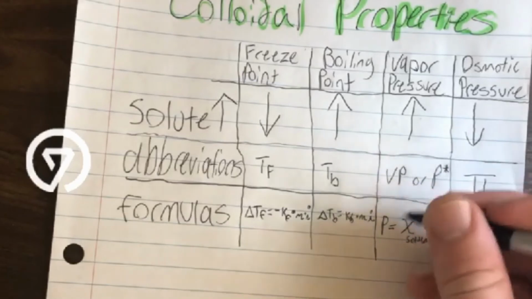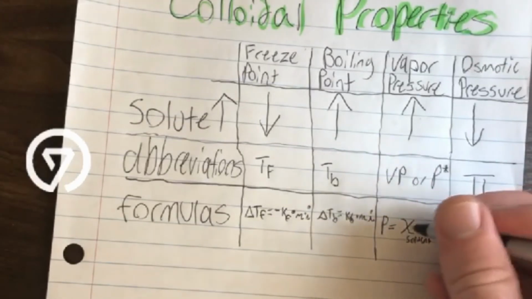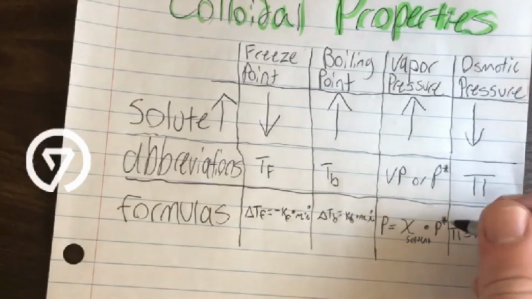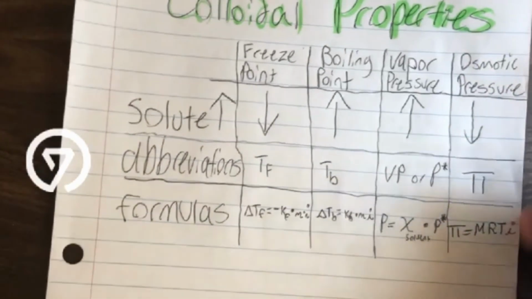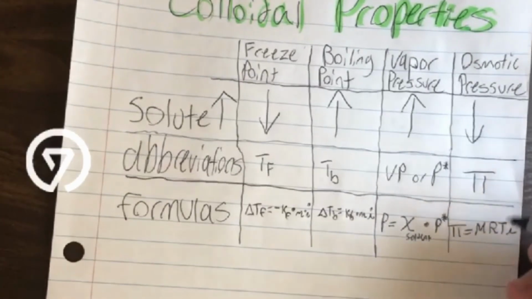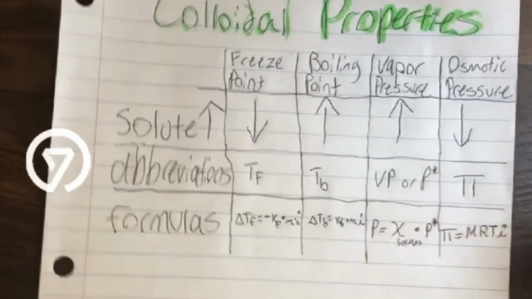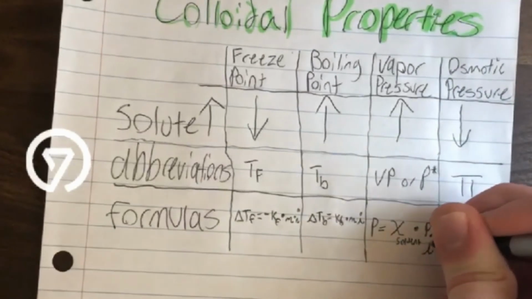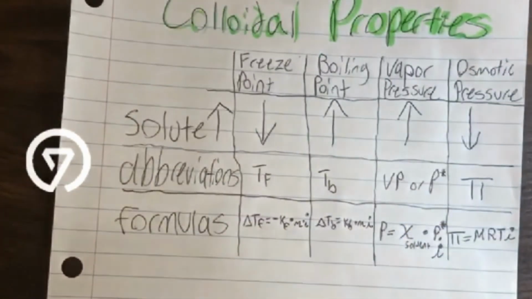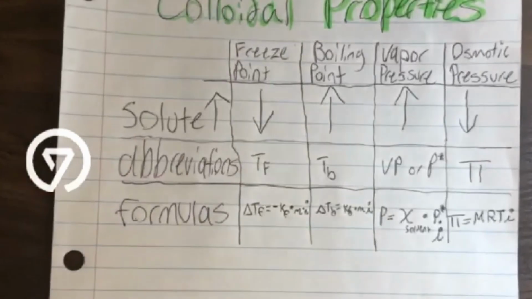And then for vapor pressure, it's the pressure of solution equals mole fraction of solvent times pressure of solvent. And then osmotic pressure equals molarity times the smaller R value that you'll see times temperature in Kelvin times the Van Hoff factor. So that's colloidal properties. Yeah.